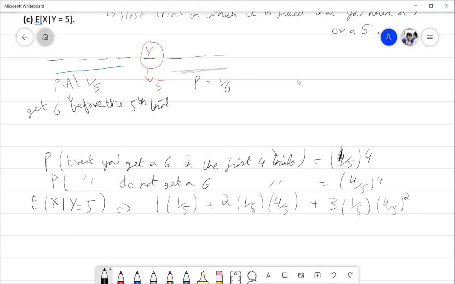That can be the case, so that will be 4/5. Now the other thing I have to be careful of, I'm going to continue with this distribution. This is 1/5 into 4/5 to the power 3, right? Now this will continue on.